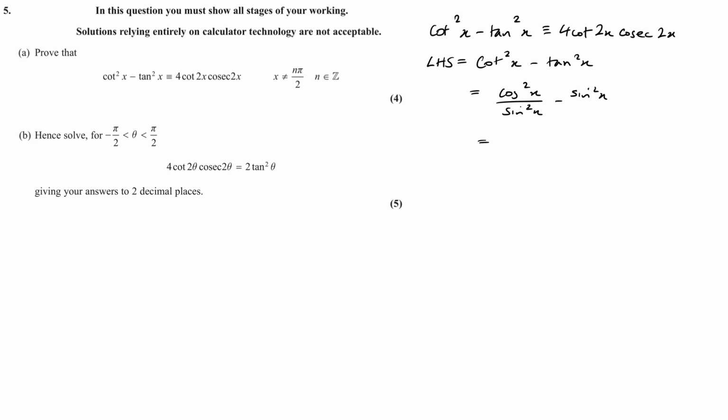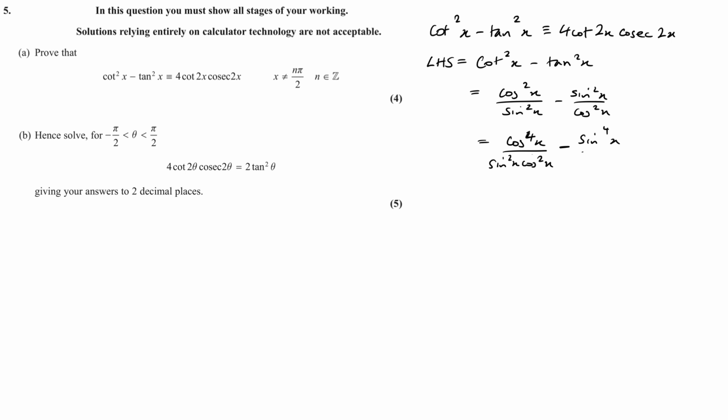Sine squared over cos squared. Now, when I put these together, looking at the top, we would need to multiply by another cos. I'm still going to have powers of 4, like so, minus sine. Let me just sort out this bottom. It'll be sine squared x cos squared x.